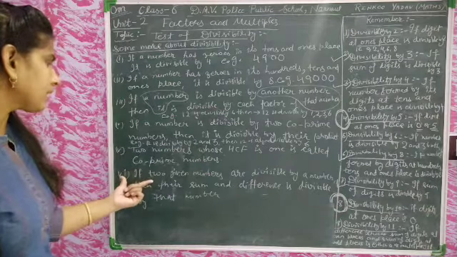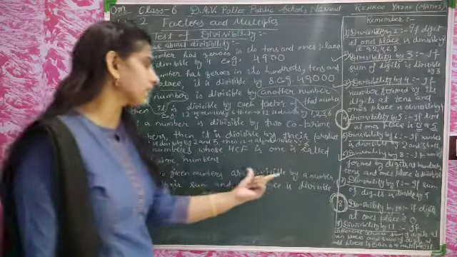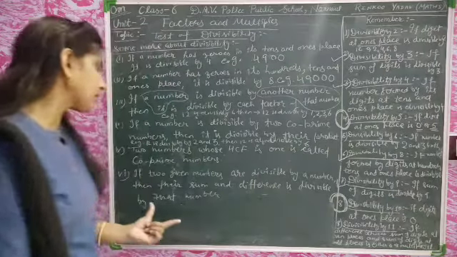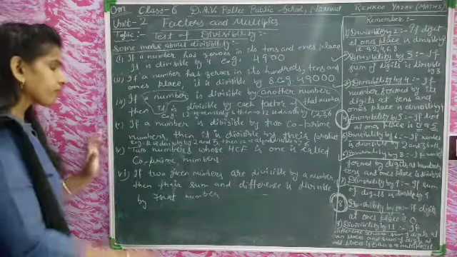Now students, the last point is, if two given numbers are divisible by a number, then their sum and difference are also divisible by that number.